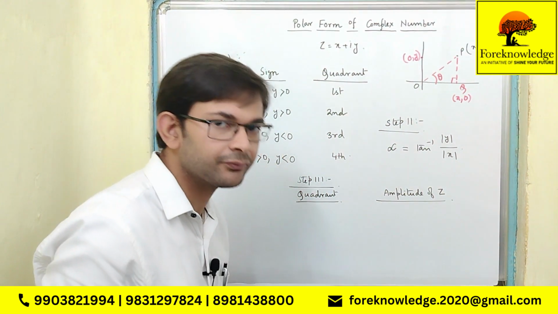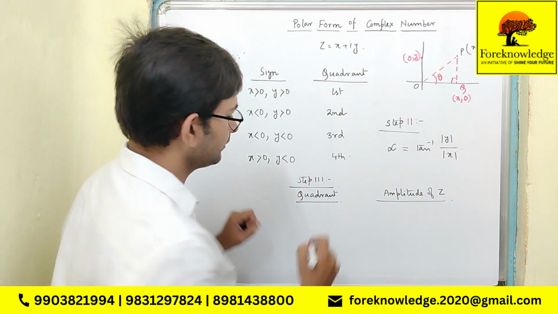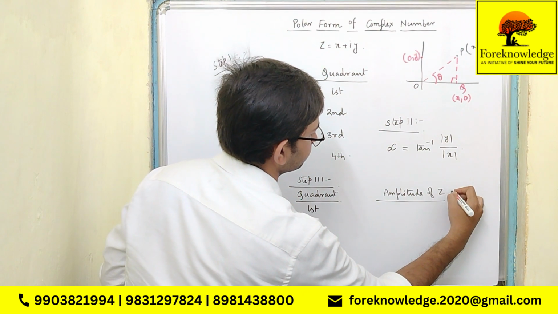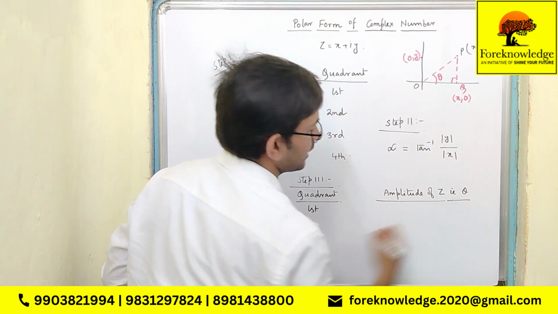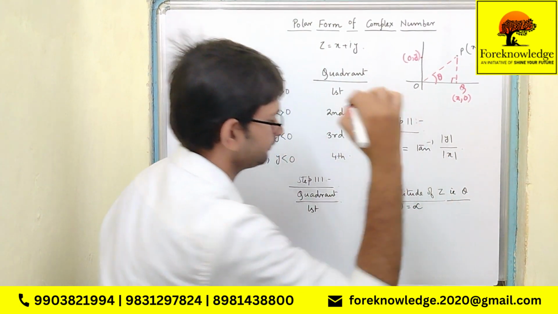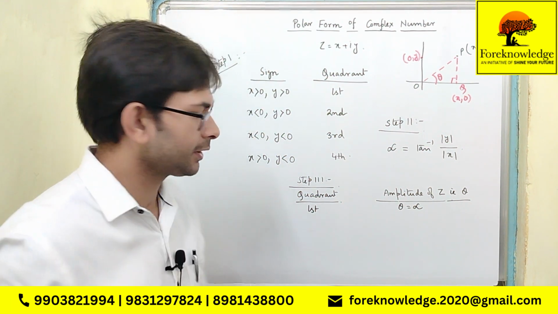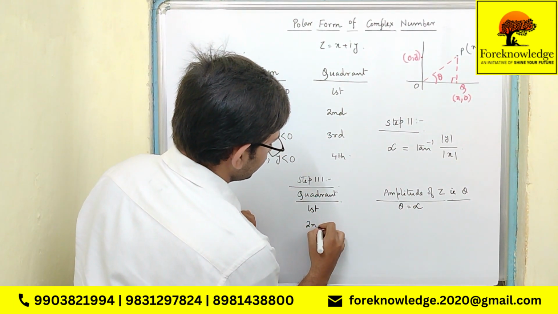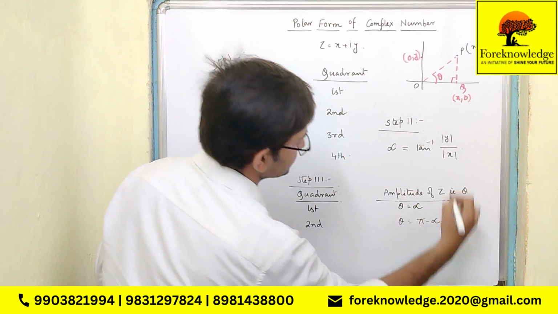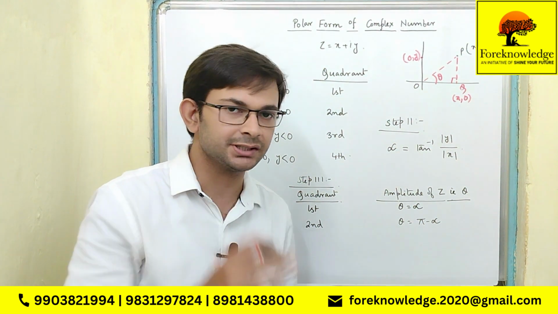If z is in first quadrant, that means if both of them are positive, then amplitude of z, that is theta, is nothing but alpha. As simple as that. Okay. If it is in second quadrant, then theta becomes pi minus alpha.